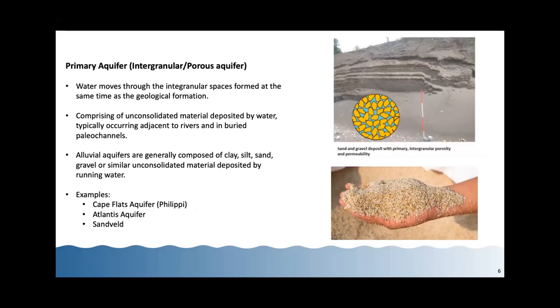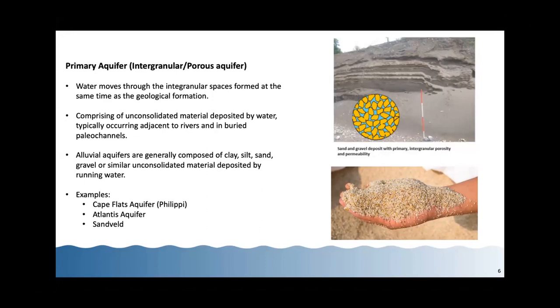If we go into a little bit more detail to explain these different types of aquifers, if we firstly look at a primary aquifer, let's call it a sand or sandy aquifer, water moves through the intergranular spaces formed at the same time as the geological formation. It's an aquifer comprising unconsolidated material deposited by water, typically occurring adjacent to rivers and in buried paleochannels.